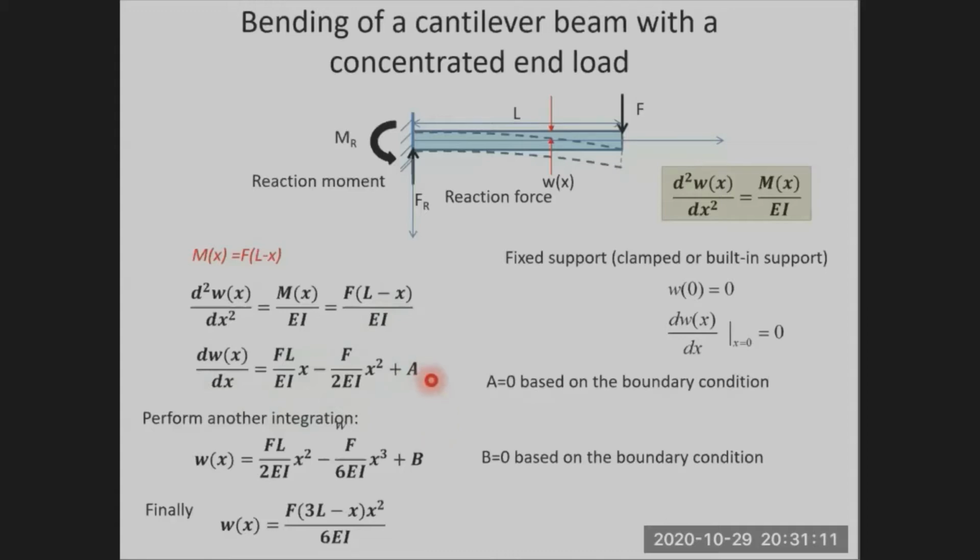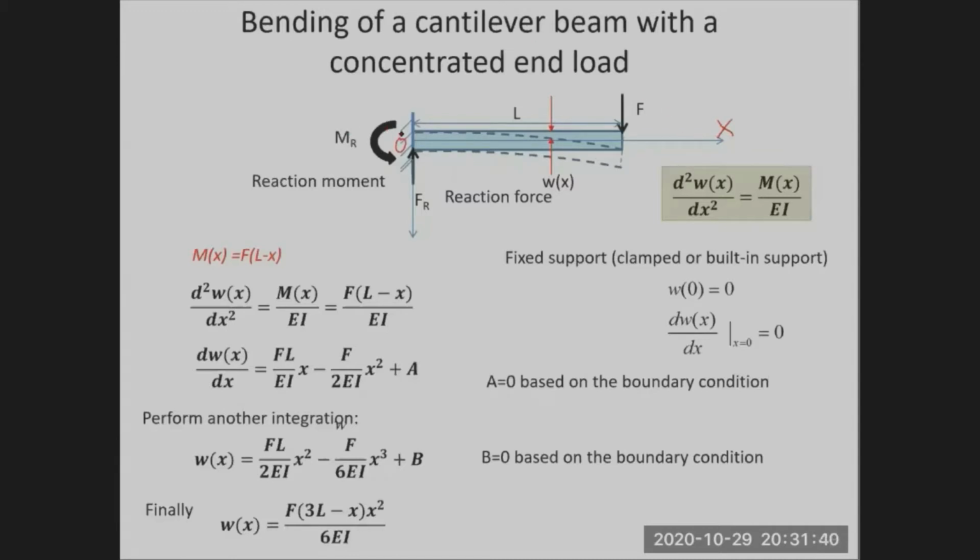How do we determine A? We need to determine A based on the boundary condition of this cantilever. For this cantilever, the left end, namely when x is 0, this is the x-axis, and its origin is selected here.